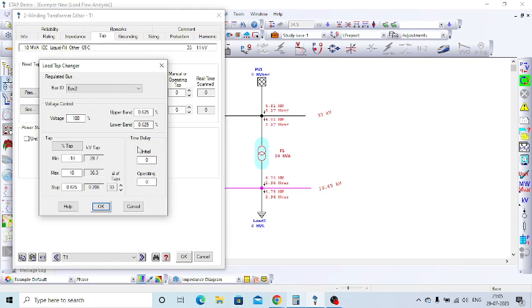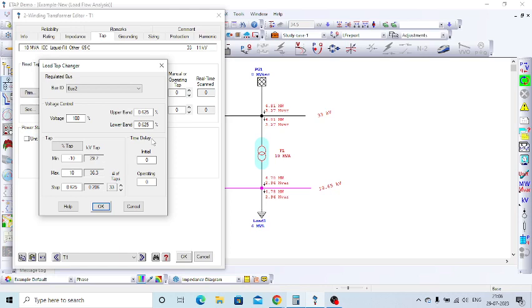So what it means, in a practical tap changer, let's say the tap position is nominal, and you want to change the tap from nominal to positive position 5. It will not instantly change all the taps 1, 2, 3, 4, 5. It will not do like that.